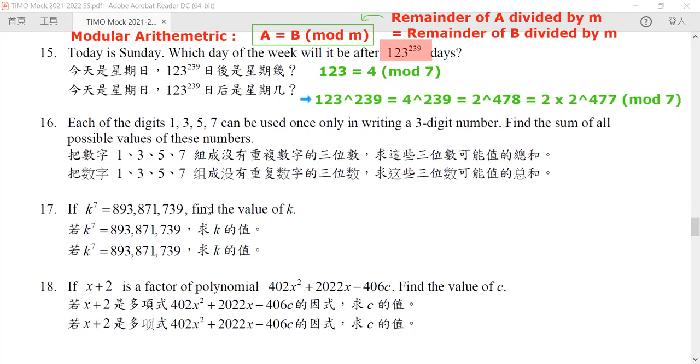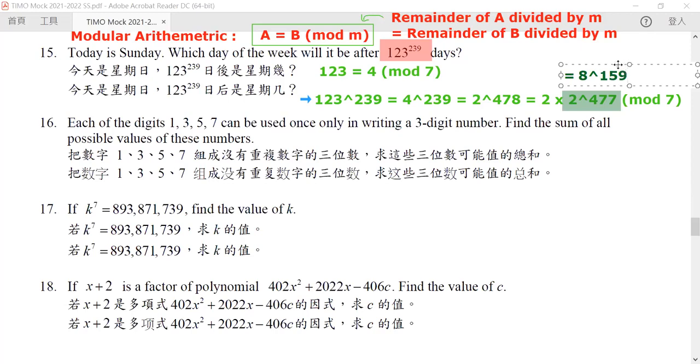Now, why do we want to consider this? It's because this is very interesting by itself. Because 477 is actually a multiple of 3, this number is exactly the same as 8 to the power of 159.